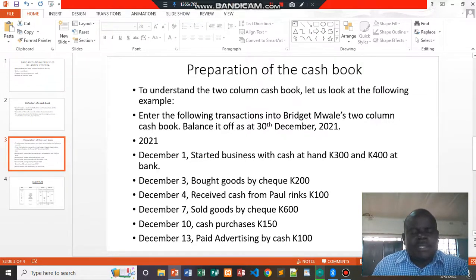Every time a business is starting, the owner must provide capital, either in the form of cash or cash at the bank, or other resources that the owner has invested into the business. All those form part of capital.